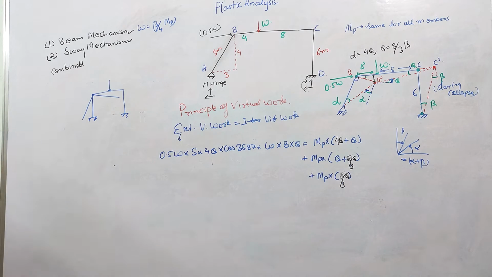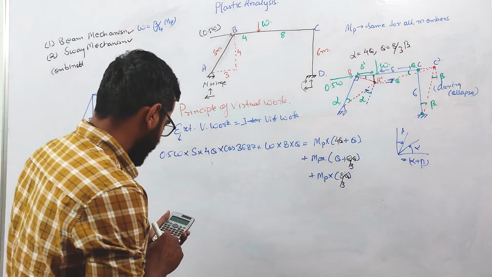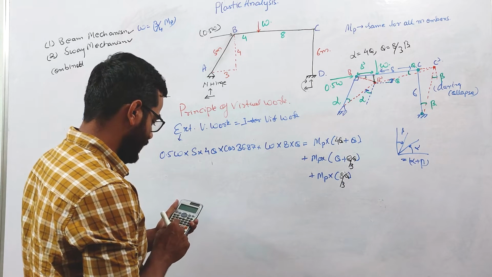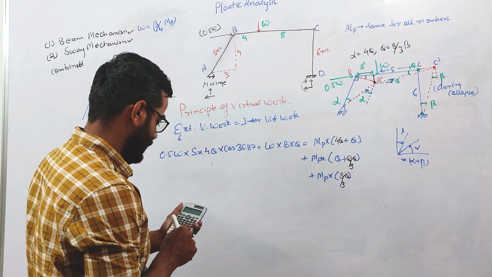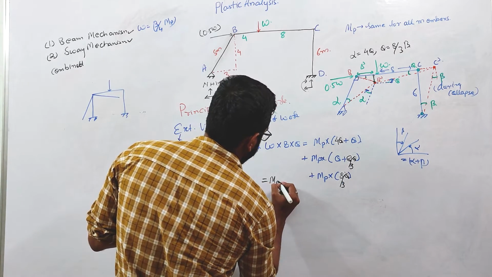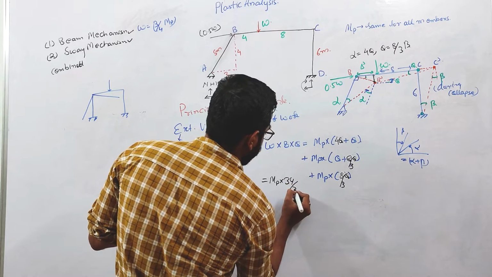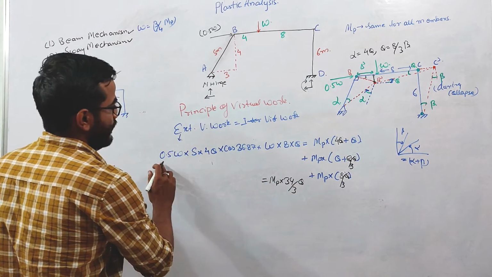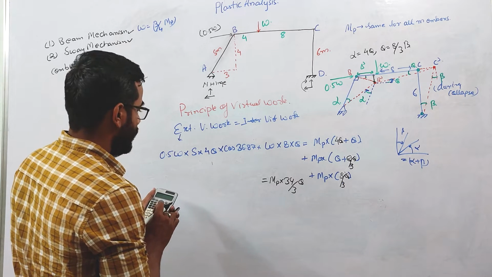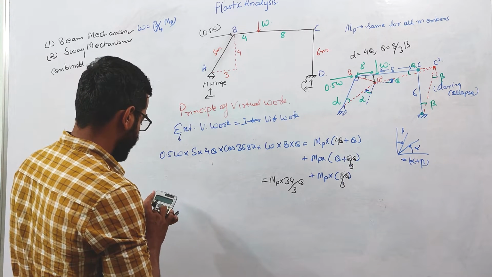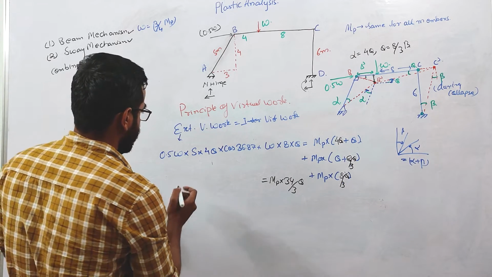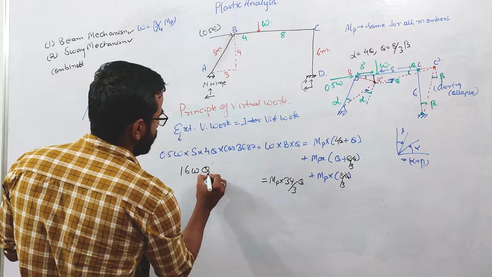If you solve this, 5 plus 1 plus 8 divided by 3 plus 8 divided by 3 is MP into 34 by 3 theta, and the external virtual work done will be 0.5 into 5 into 4 into cos 36.87 plus 8, which equals 16 W theta.